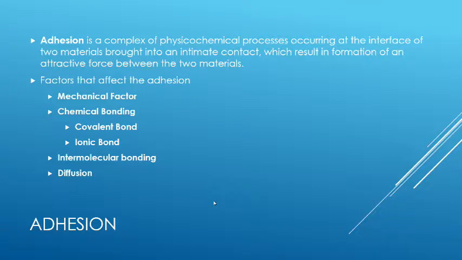Hydrogen bonding is an intermolecular bonding formed between a hydrogen atom chemically bonded to an electronegative atom and another electronegative atom of a neighboring molecule. The van der Waals force is a result of electrostatic attraction between neighboring molecules having permanent or instant transient dipole groups.